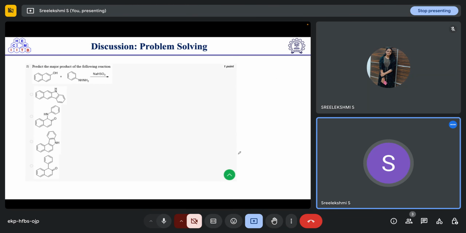Moving to the next question, predict the major product of the following reaction. So here we have this hydroxy naphthalene and also this phenyl hydrazine. When we are treating with sodium bisulfite, what will be happening?